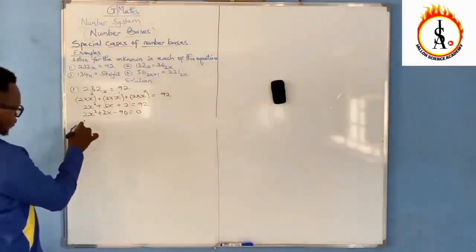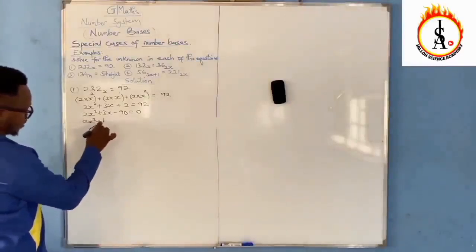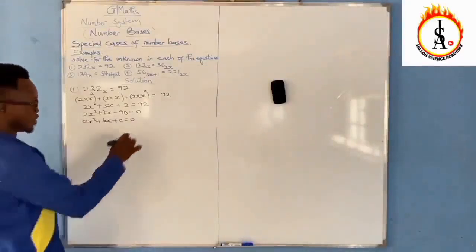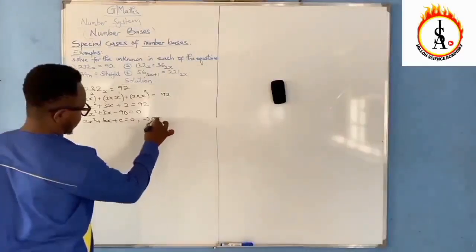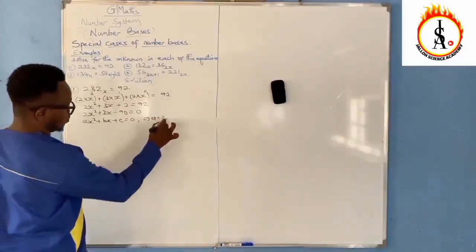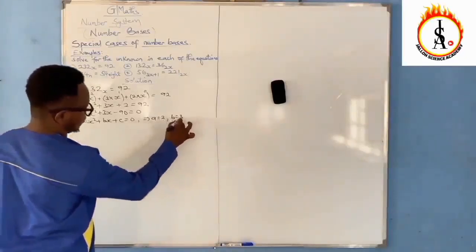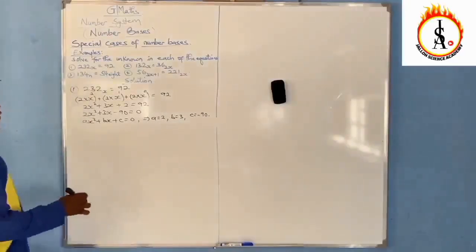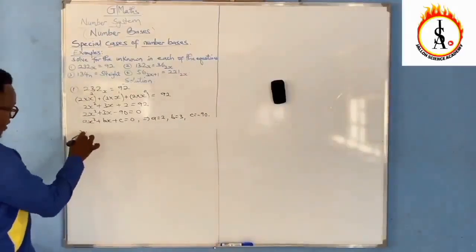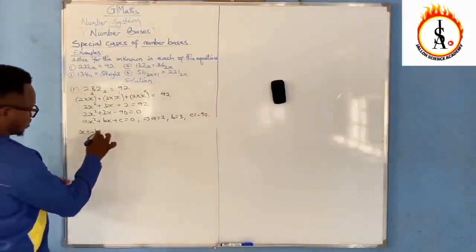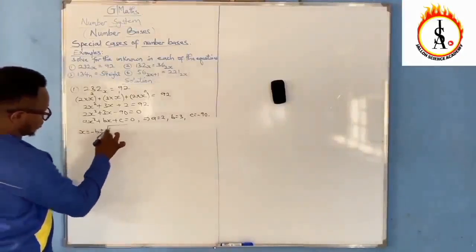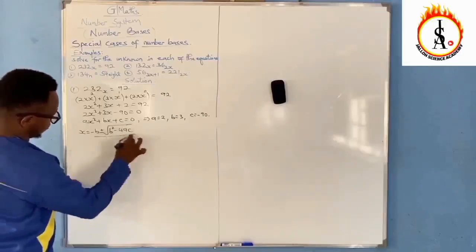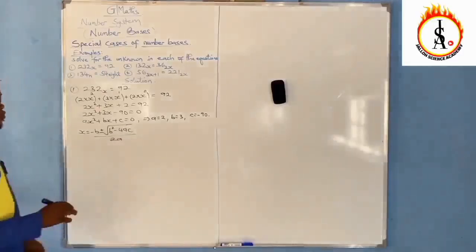If we compare this equation to ax squared plus bx plus c is equal to 0, which is the general form of all quadratics, it implies that a is equal to 2, b is equal to 3, and c is equal to negative 90. So using the formula, x is equal to minus b plus or minus the root of b squared minus 4ac over 2a.